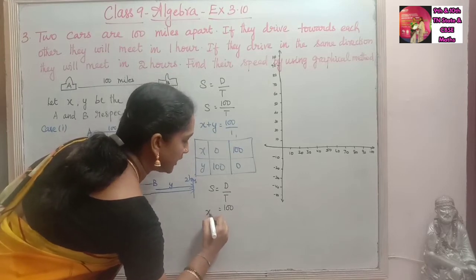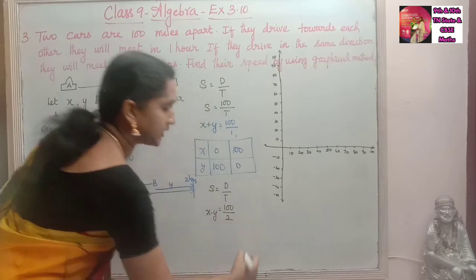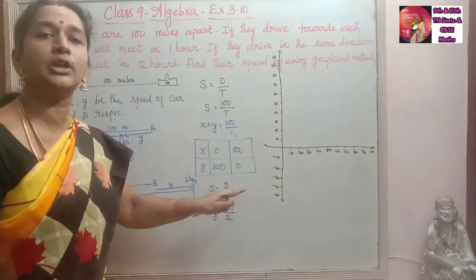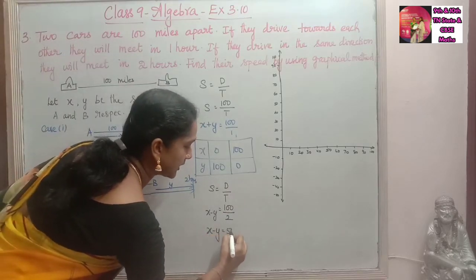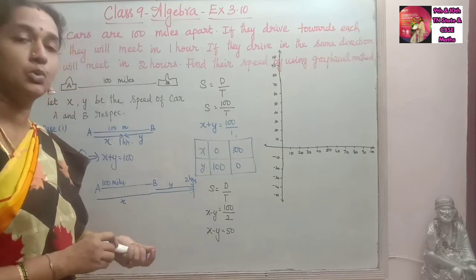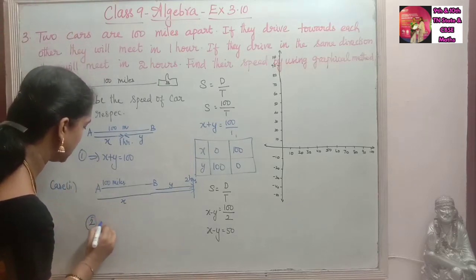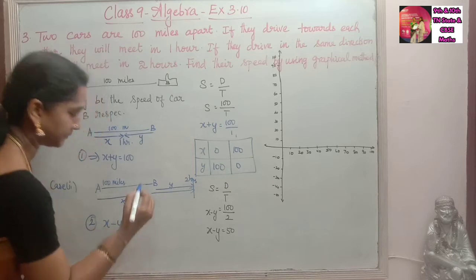So speed, here we got it as X minus Y. Time taken for this is 2 hours. So X minus Y is equal to 100 by 2. So the second equation is X minus Y is equal to 50.